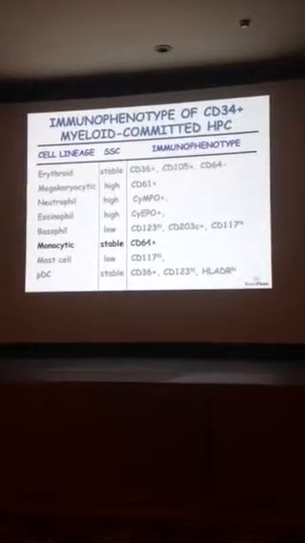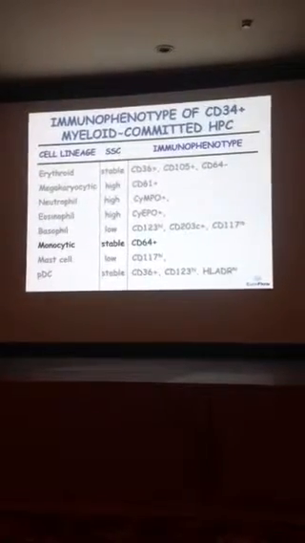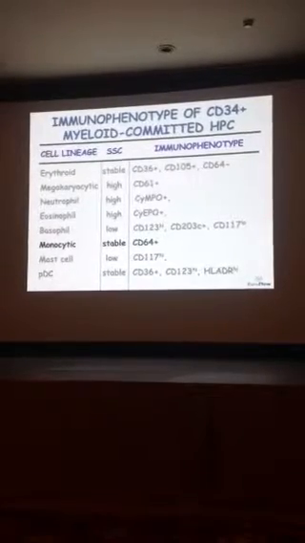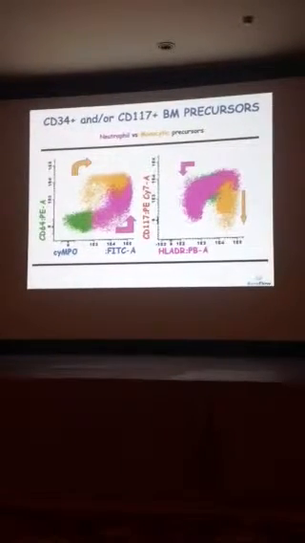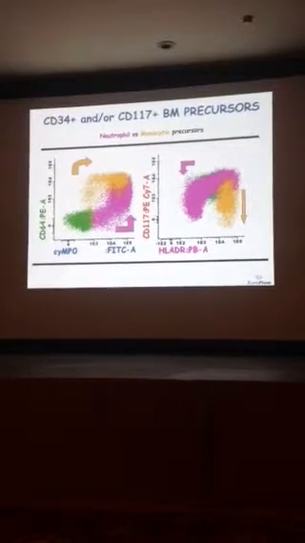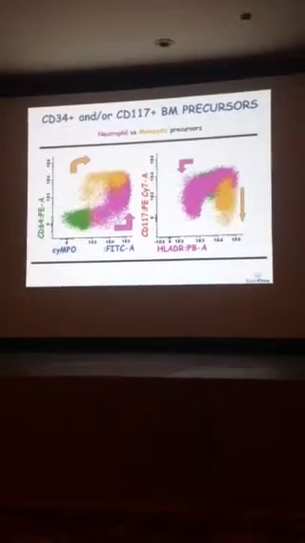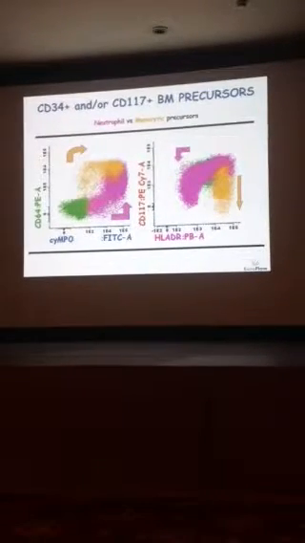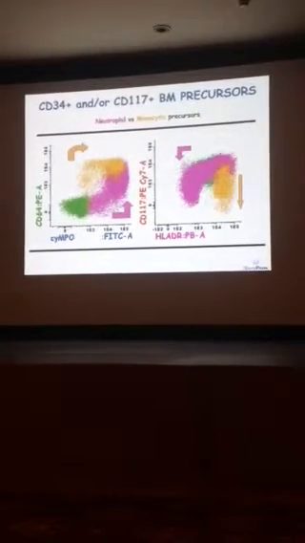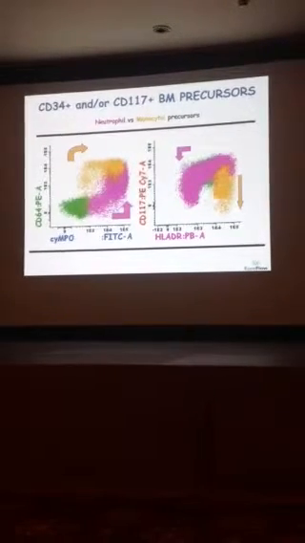And if you remember, within the CD34 compartment, these cells expressing 64 follow a maturation completely different from the neutrophil one, and you combine MPO and 64. These cells, in fact, represent around 5 to 6% of all the CD34 cells.